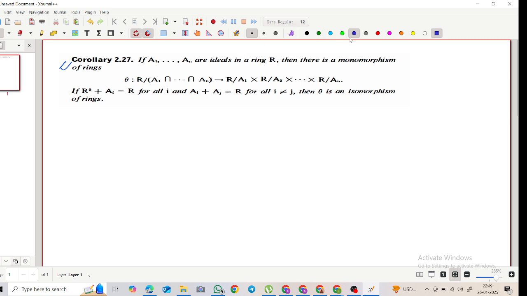So theta is the natural map. Theta is defined like this. Okay, let's not define theta directly.